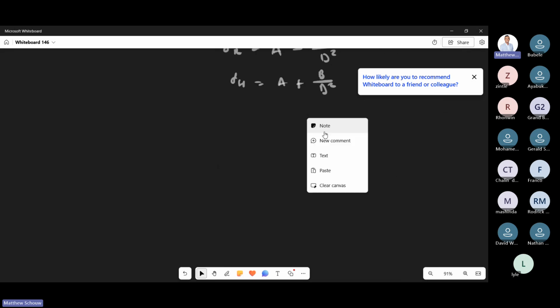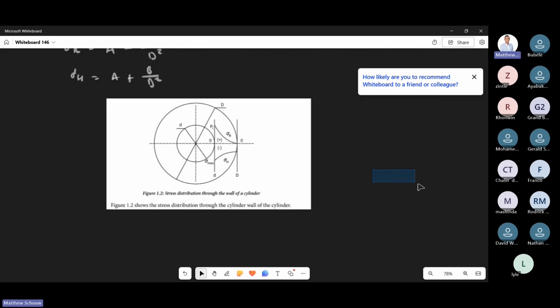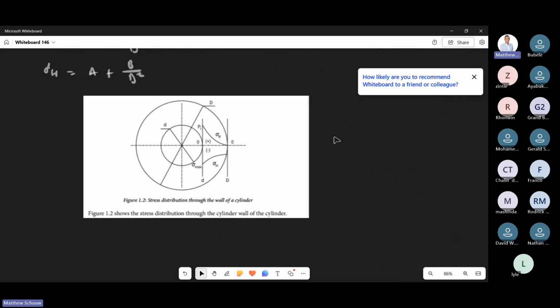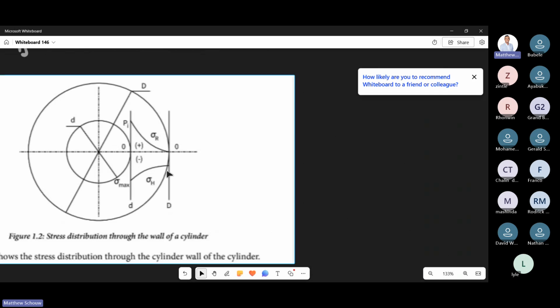This is for internal pressure, and we need to talk about external now. Looking at the stress distribution through a thick-walled cylinder, the radial stress is a maximum at the inner diameter and becomes 0 at the outer diameter. The hoop stress is a maximum at the inside and becomes a minimum at the outside.